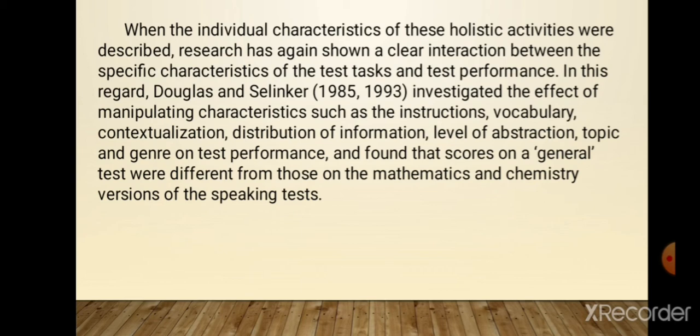In this regard, Douglas and Selinker 1985-1993 investigated the effect of manipulating characteristics such as the instructions, vocabulary, contextualization, distribution of information, level of abstraction, topic, and genre on test performance, and found that scores on a general test were different from those on the mathematics and chemistry versions of the speaking test.